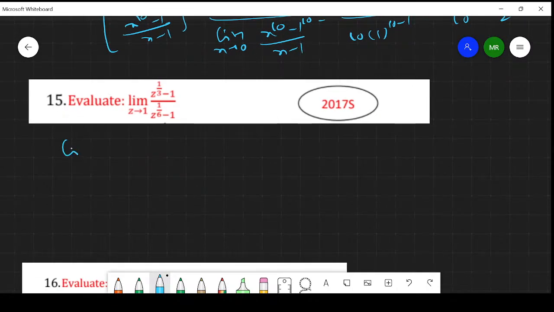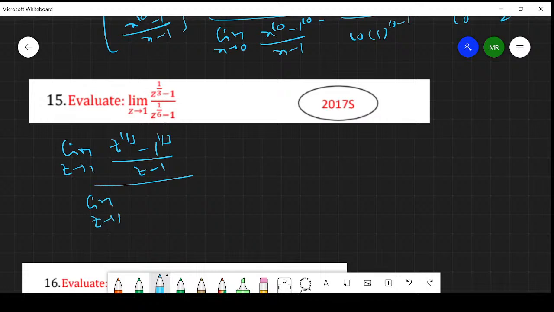I can write limit z tends to 1, z power 1 by 3 minus 1 power 1 by 3 by z minus 1, by limit z tends to 1, z power 1 by 6 minus 1 power 1 by 6 by z minus 1.